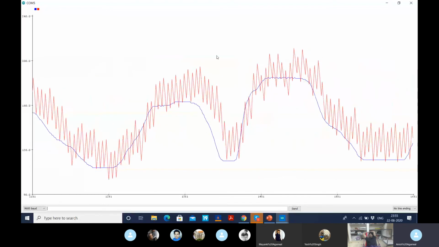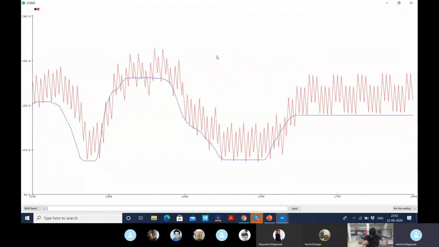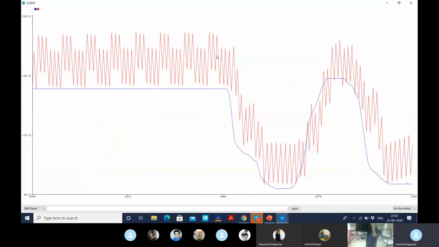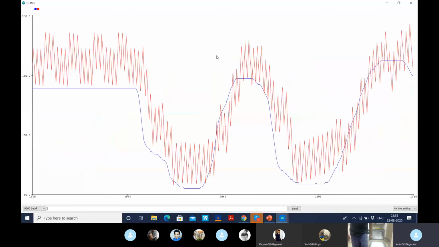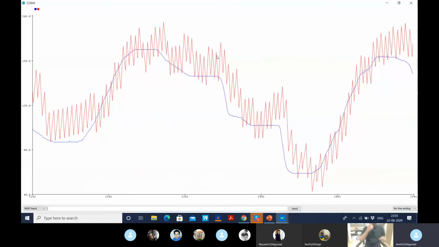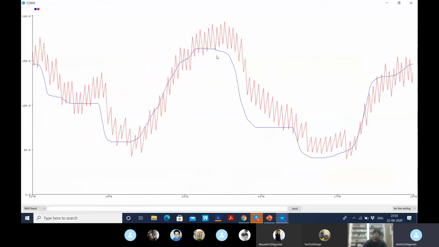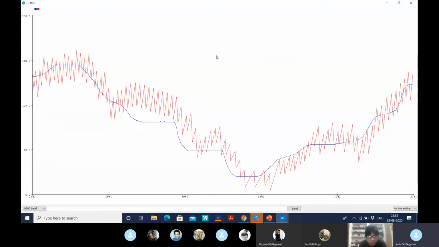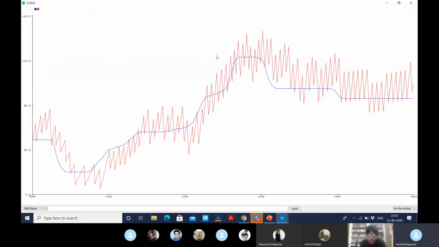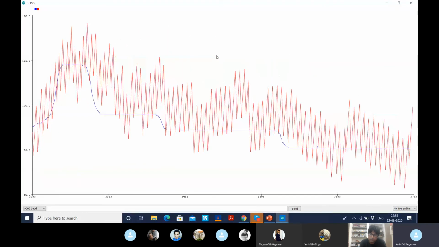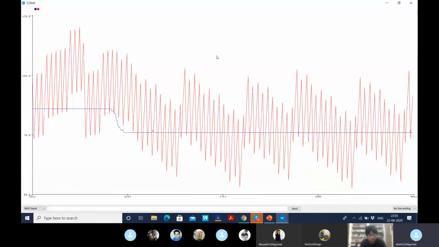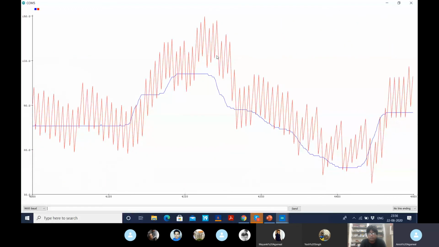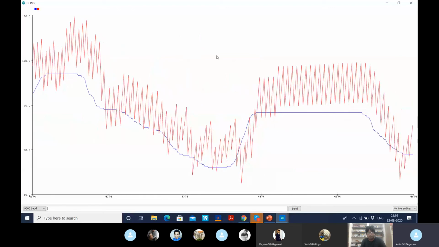The blue line is my reference, and my red line is the output. So this was the demonstration.